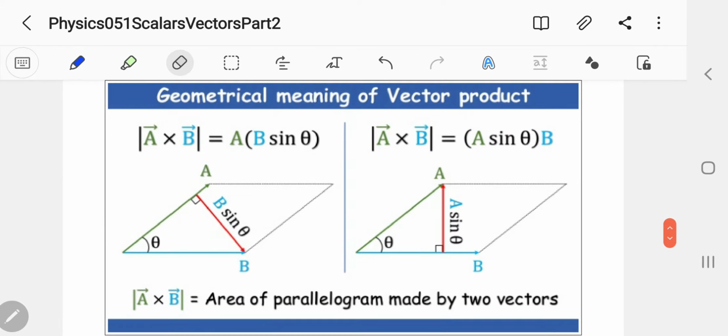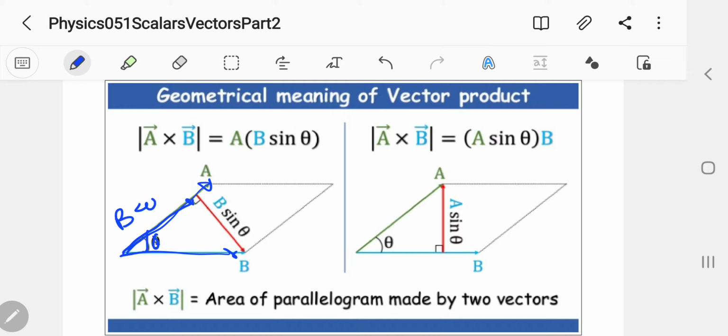So what is the geometrical meaning of the vector product? Here you look at this. This is a vector A and this is a vector B with angle theta here. The component of B along A is this way.